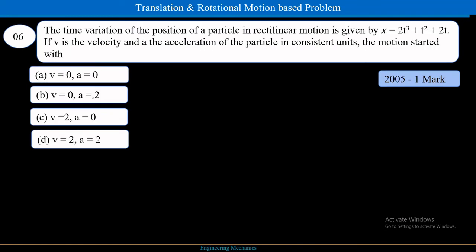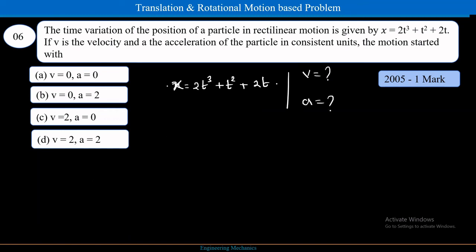Okay, let's see this one. The time variation of the position of a particle in rectilinear motion is given by x equal to 2t cube plus t square plus 2t. If v is the velocity and a is the acceleration of the particle in consistent units, the motion started with, we need to find my velocity and my acceleration.